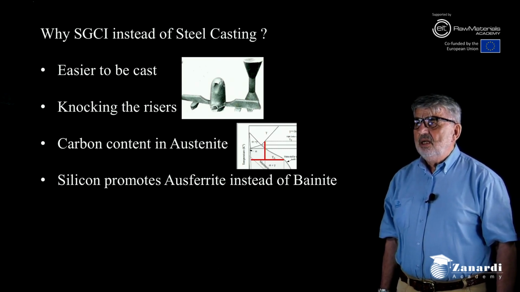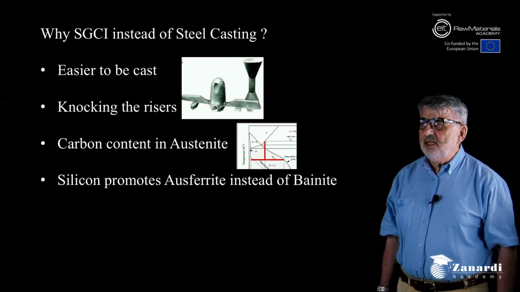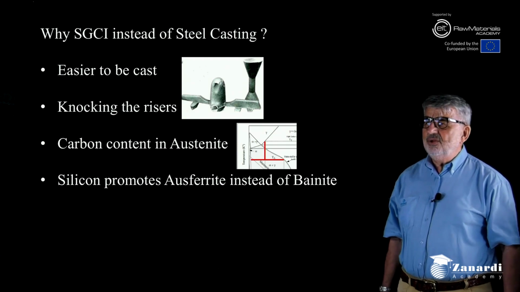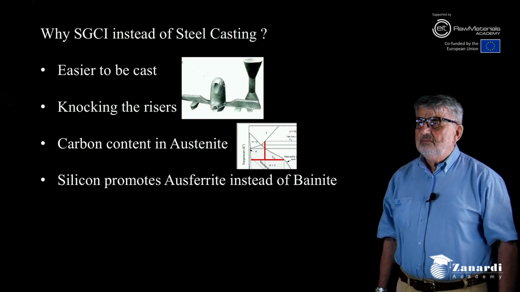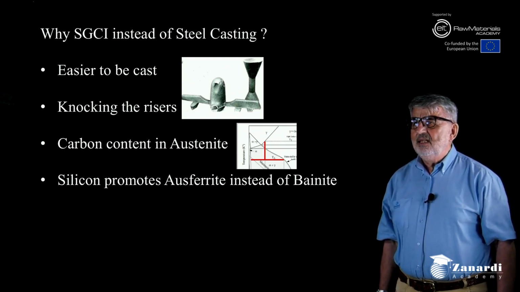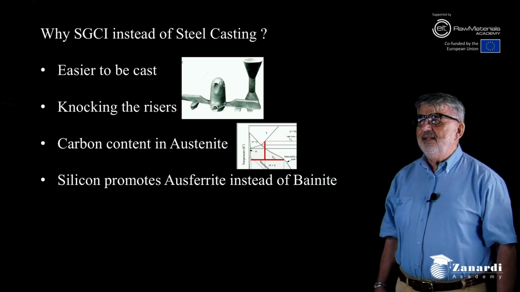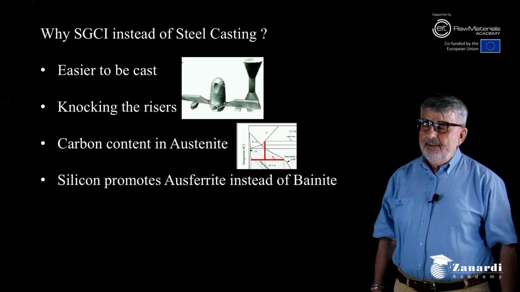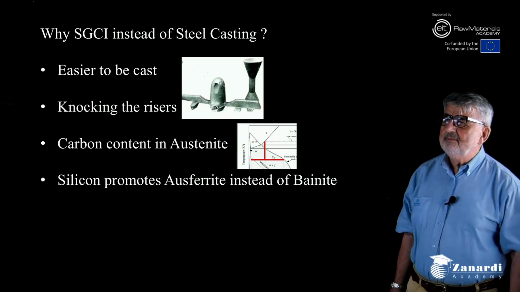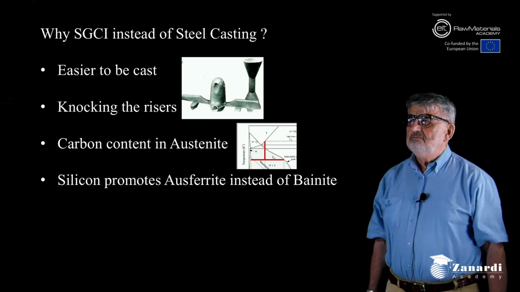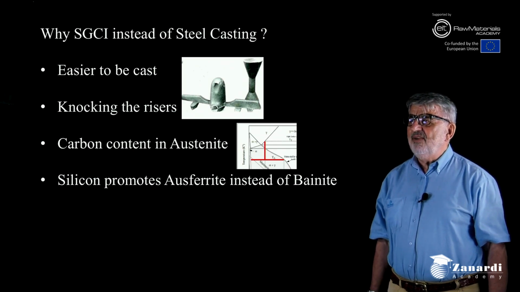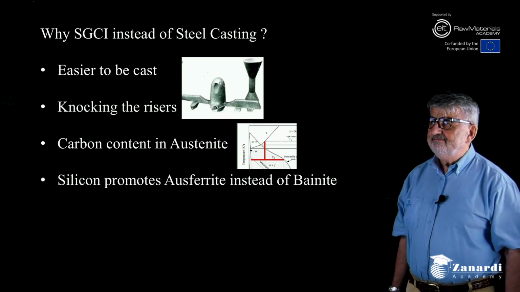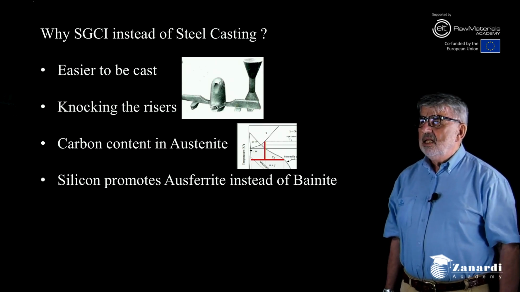Also, it is much easier to knock off the risers, and in general it requires less feeding than a steel casting. The whole process is easier. Many spheroidal graphite cast irons are delivered and used as cast.